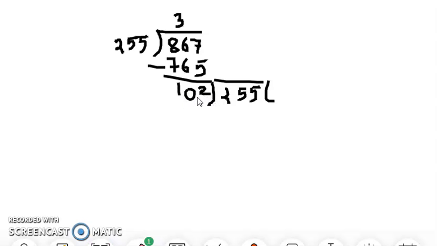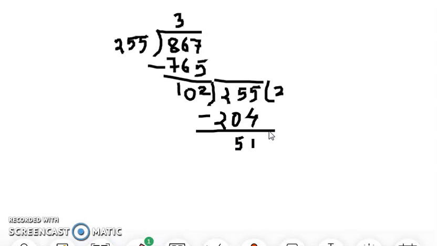For the next step, we take 2 times, and here it will come 1 and 50, so 51. Again we are getting a remainder value.